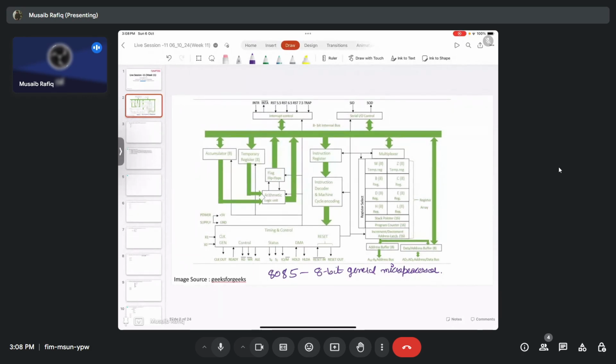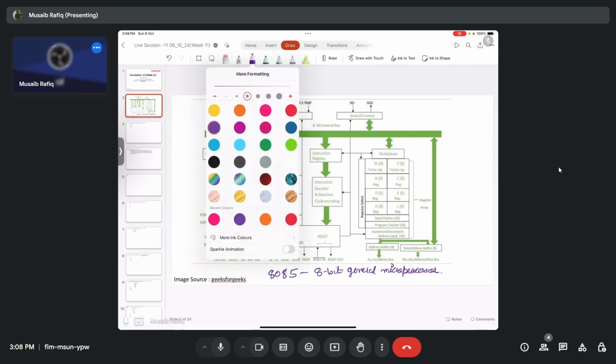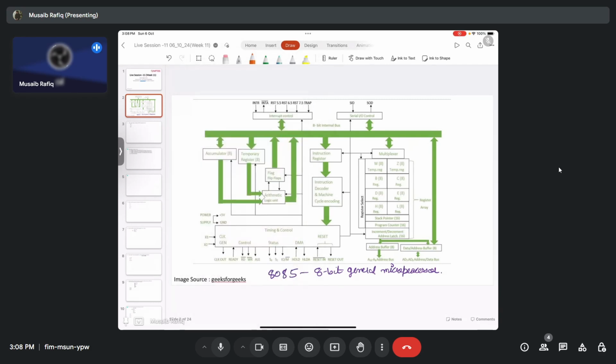First we'll start with the ALU, or the arithmetic logic unit. The ALU is used to perform mathematical operations like addition, subtraction, multiplication, division, and also operations like decrement and increment. Also, the ALU performs logical operations, bit shift operations, and arithmetic operations.